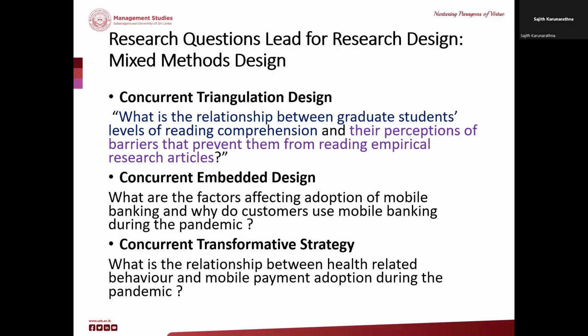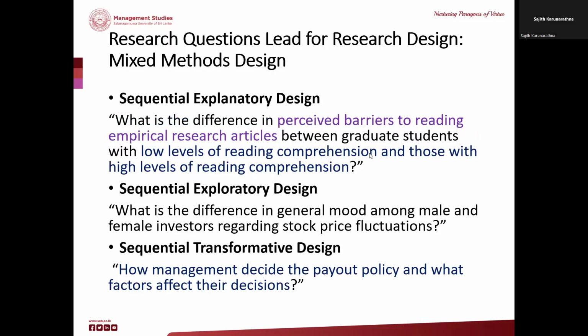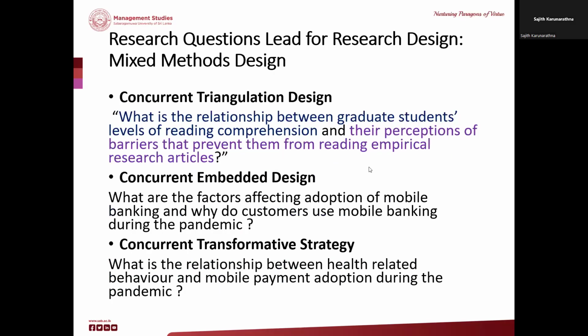We have already conducted a quantitative test, and test results are there. So we know who are the students with low level of reading comprehension and who are the students with high level of reading comprehension. I'm taking the first example itself. So now you can proceed with the concurrent triangulation strategy.